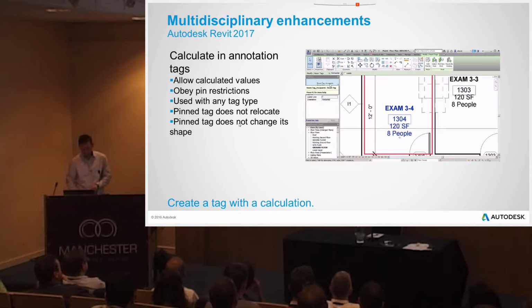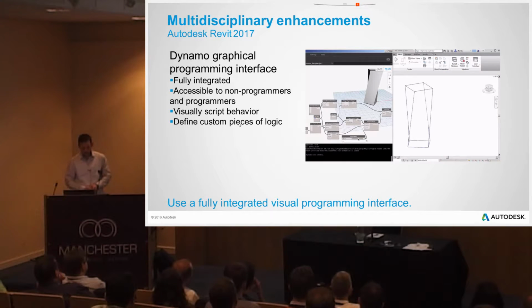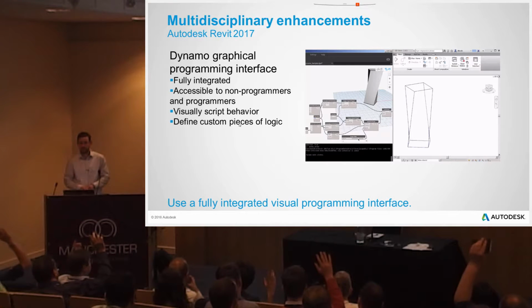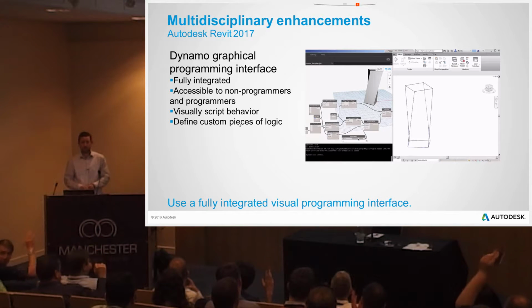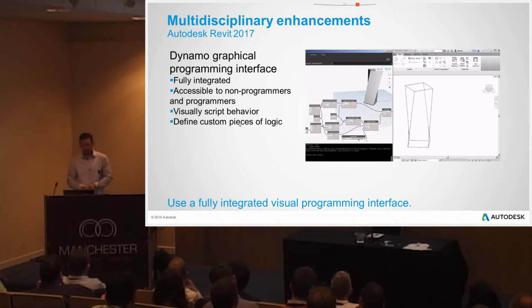Dynamo. Can I have a show of hands for Dynamo users, people who've opened it, looked at it? So yeah, we're probably just short of half. Well, they've integrated that within Revit now. It's now located on the Manage tab. But unfortunately, when they shipped it, they shipped an older version.